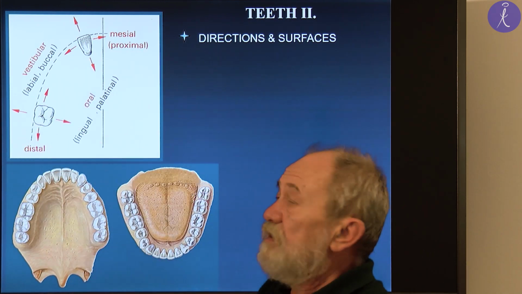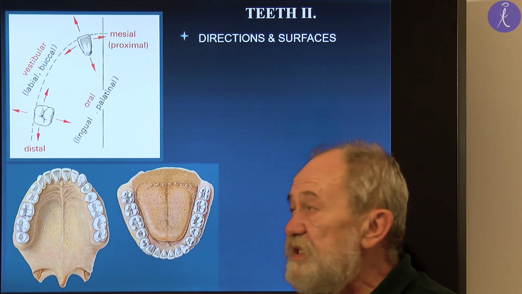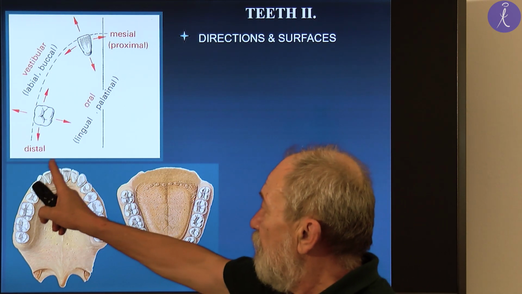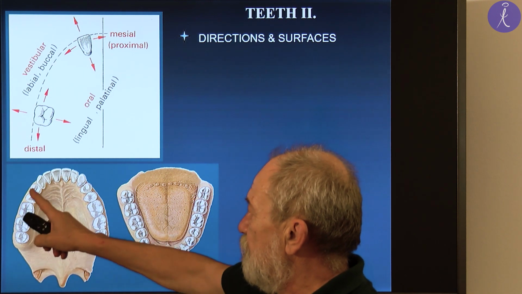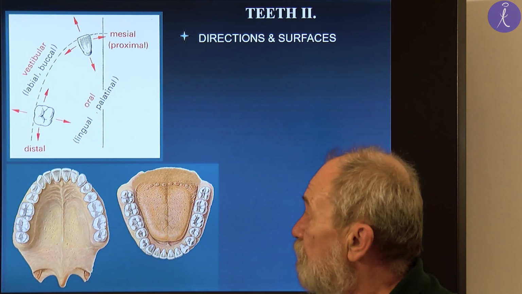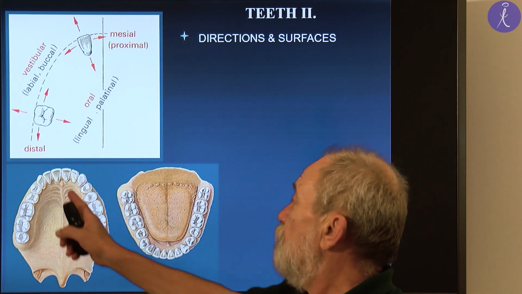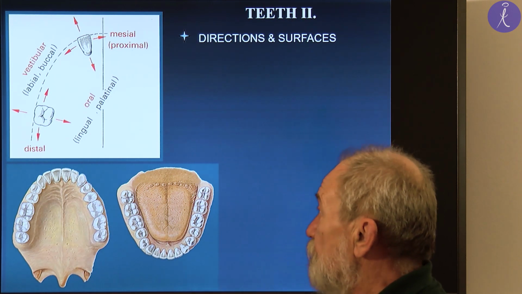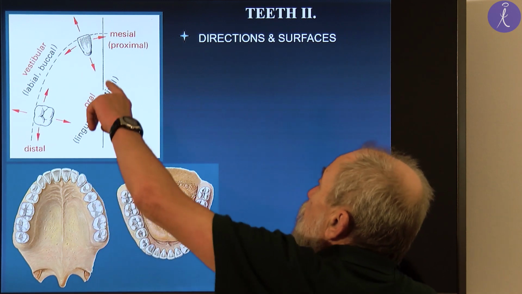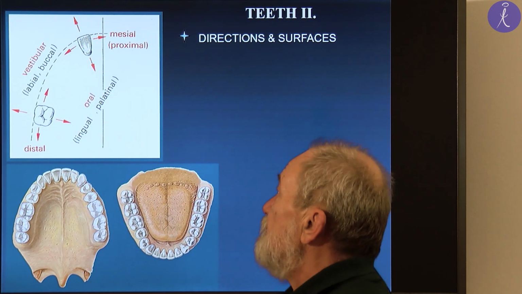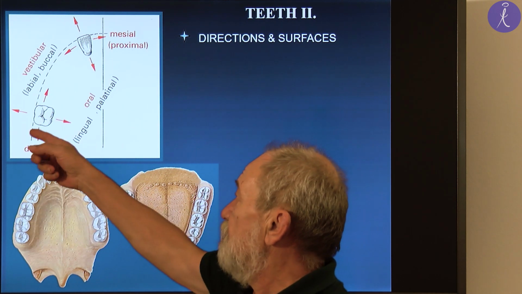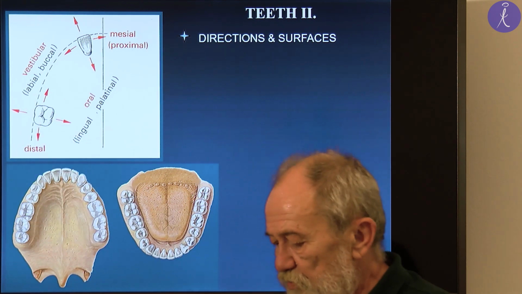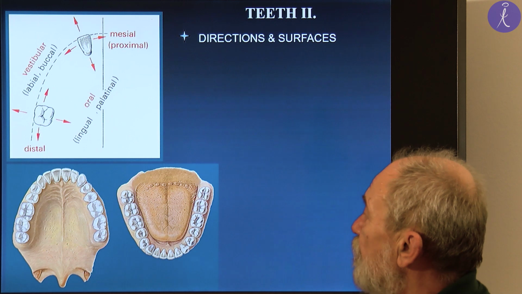But this could be divided, if you want to be more precise, into labial, talking about the anterior teeth, and buccal, the posterior surface facing the cheek, but together they are called vestibular surfaces. So once more, the vestibular surface in case of an incisor is directed almost completely anteriorly, but the same surface in case of a molar is almost completely laterally oriented.